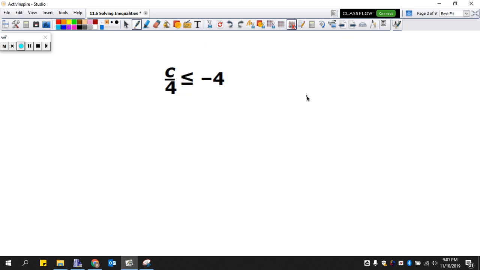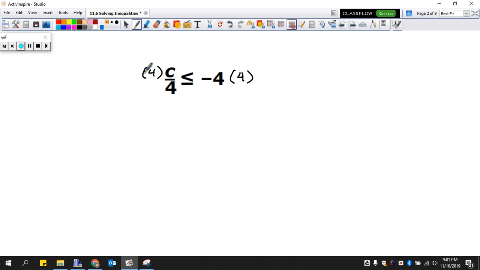If we do several examples, remember, if it looks like a fraction, that just means we're dividing the two numbers. So this is C divided by 4. We're dividing by a positive 4, even though there's a negative over here. The inverse operation of division is multiplication, so we multiply by 4 on both sides.